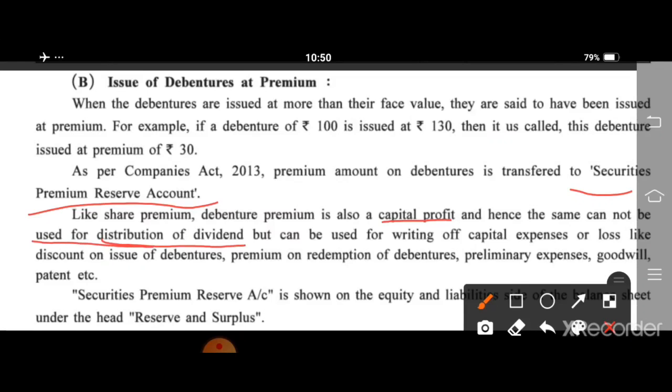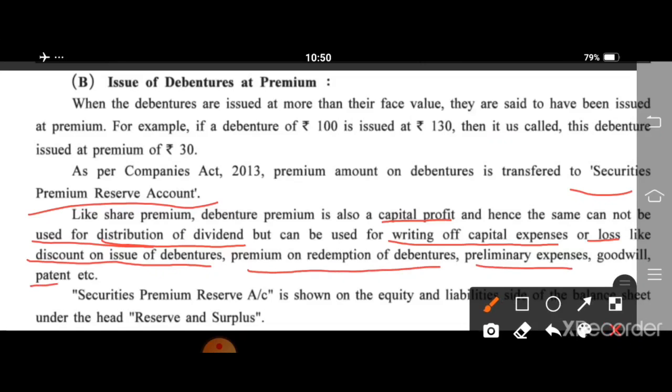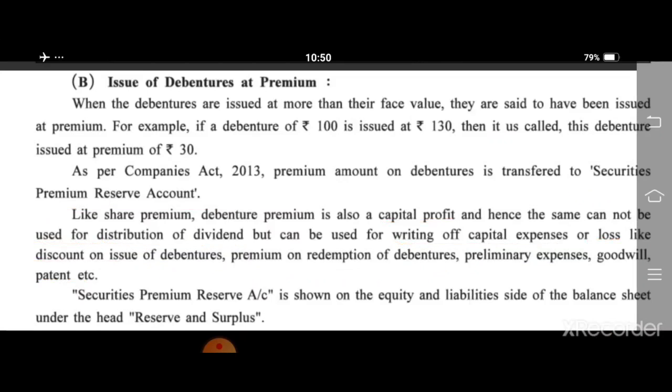It cannot be used for distribution of dividend, but can be used for writing off capital expense or loss, like discount on issue of debenture, premium on redemption of debenture, preliminary expenses, goodwill and patent. Securities premium reserve is shown on the equity and liability side of the balance sheet under the heading of reserves and surplus.